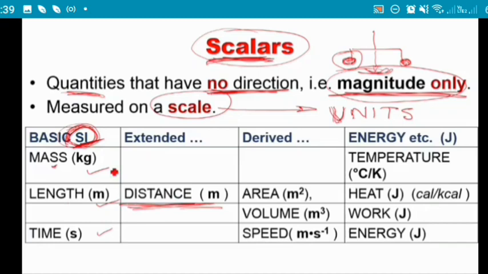We derive from these basic units certain other units. For instance, when we take length in one direction and length in another direction, we can use that to describe area. And the units of area are not just meters as in length and distance, but square meters. Similarly, we can define volume, very important when we're talking about liquids and containers with liquids in them and how much of a liquid we have.